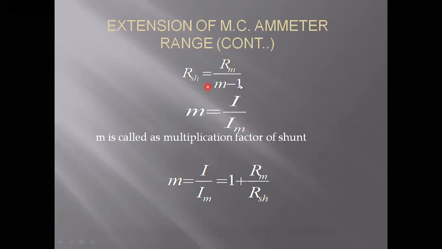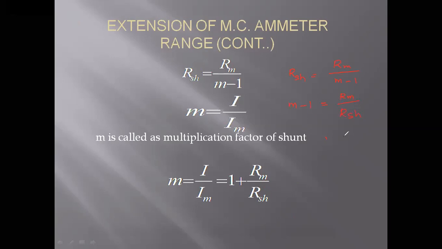Here, if we solve for M, we will get M is equals to 1 plus RM by RSH. We will do it quickly. So here RSH is equals to RM by M minus 1. I'll take this M minus 1 to the other side and RSH to this side. So I'll get M minus 1 is equals to RM by RSH.